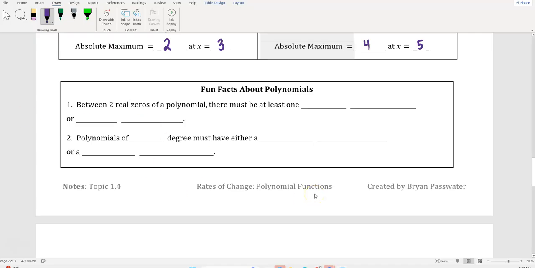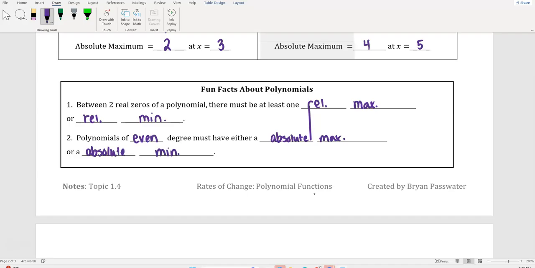Between two real zeros of a polynomial, there must be at least one relative maximum or relative minimum. And polynomials of even degree must either have an absolute maximum or an absolute minimum.